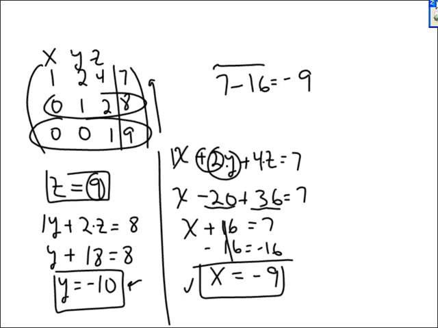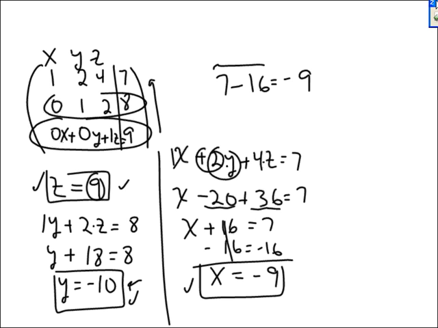We have x, we have y, we have z. Okay, just back substitute. You need to be able to look at each of these rows and say, oh, this is 0x plus 0y plus 1z. It gives me 9. And you should know that 0x plus 0y plus 1z is simply z, which equals 9.